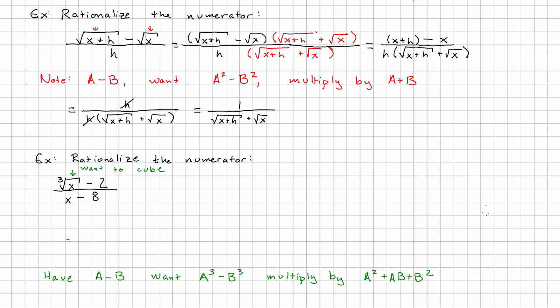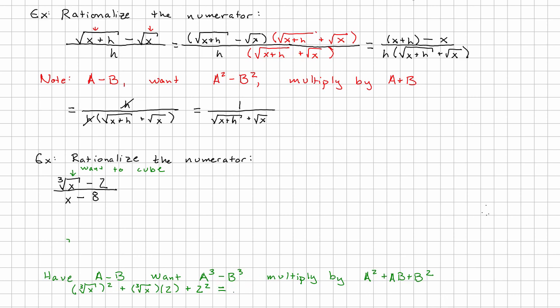So we'll have cube root x squared plus cube root x times 2 plus 2 squared.